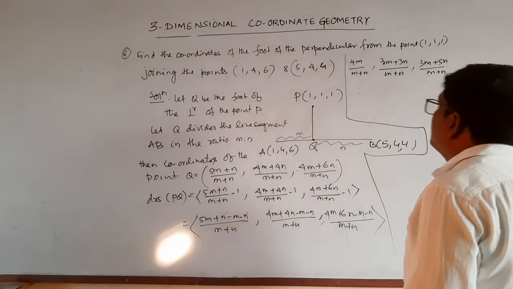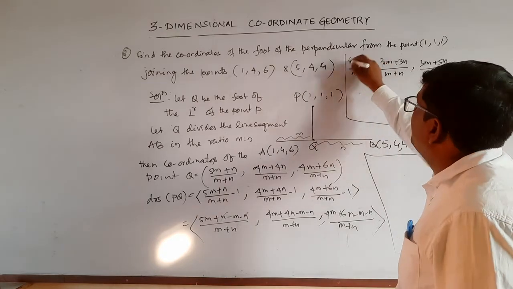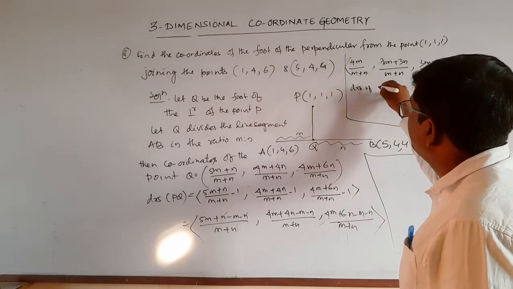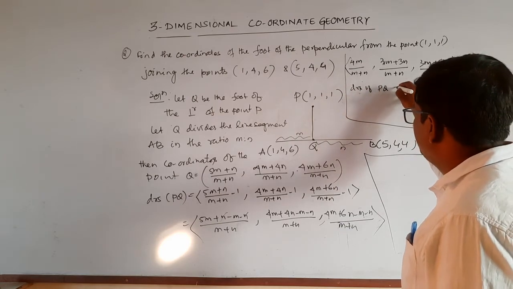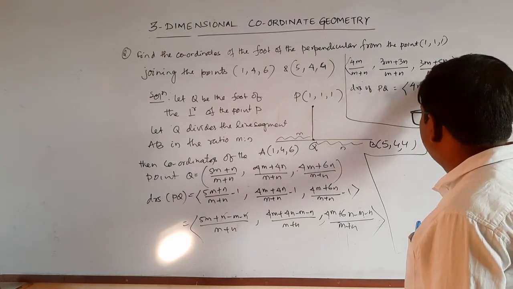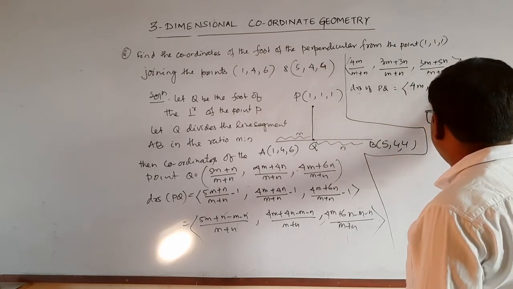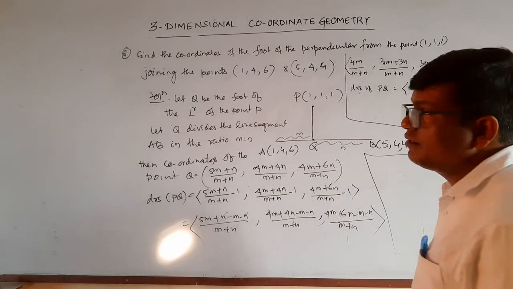Taking m plus n common, DRs of PQ is equal to 4m, 3m plus 3n, and 3m plus 5n. Now DRs of AB.